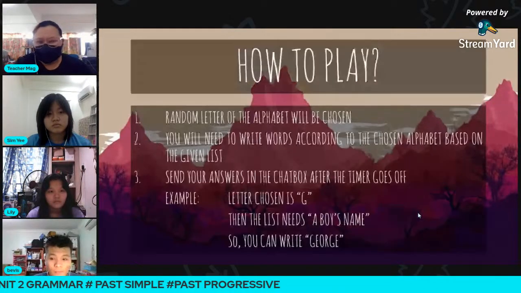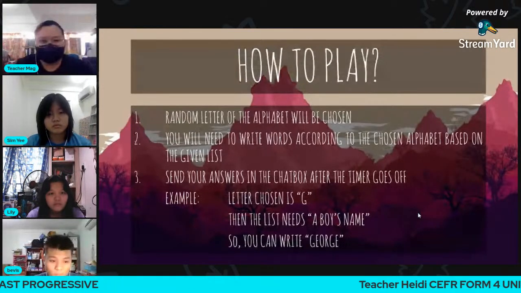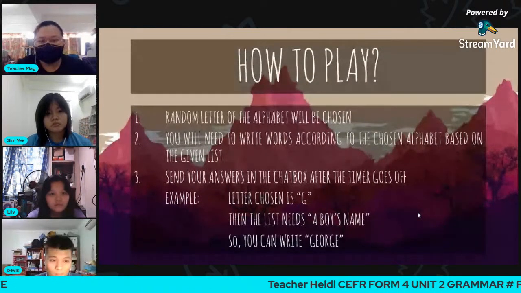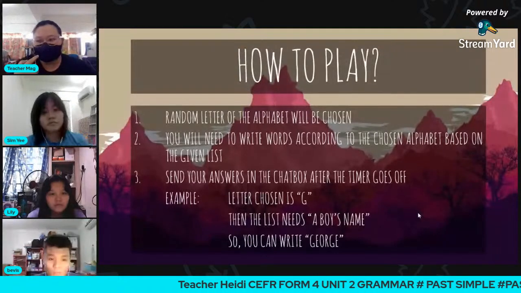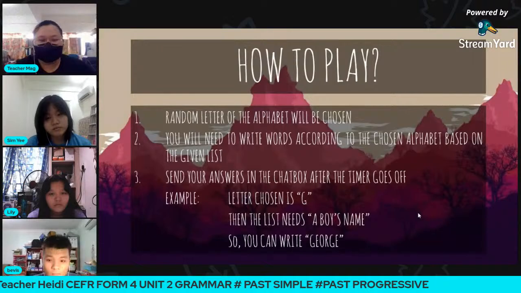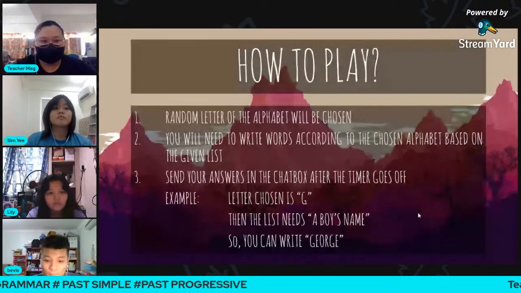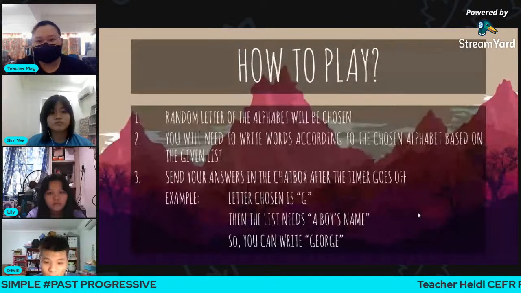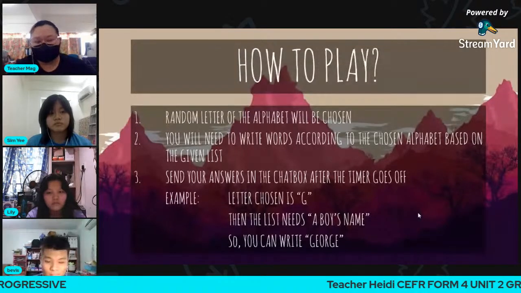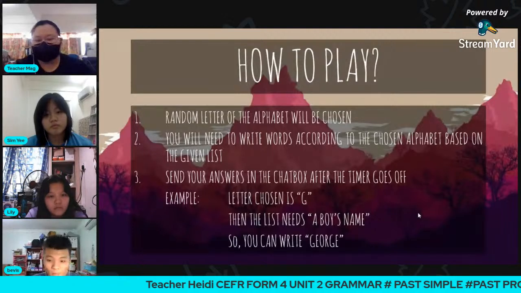So how do you actually play this game? First, a random letter of the alphabet will be chosen. Me, your teacher, will be choosing the alphabet for you. Next, you will write words according to the chosen alphabet based on the given list, and then send your answers in the chat box after the timer goes off.